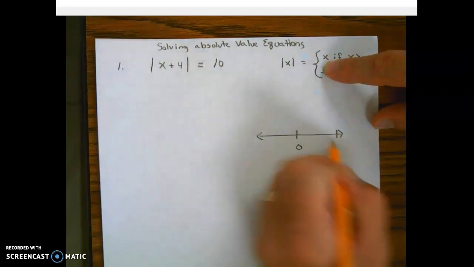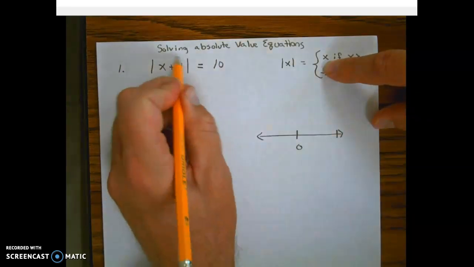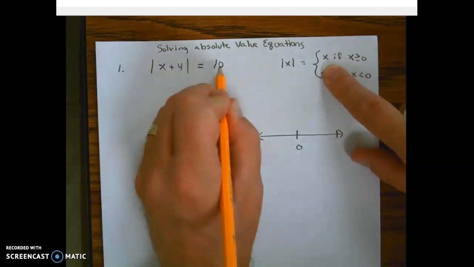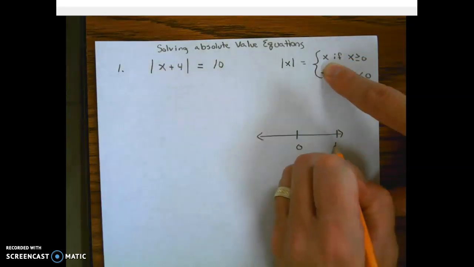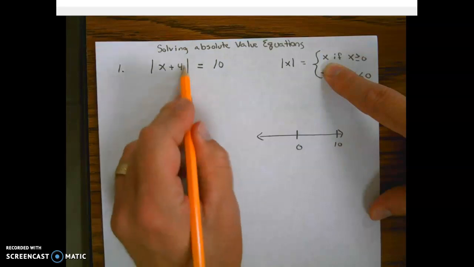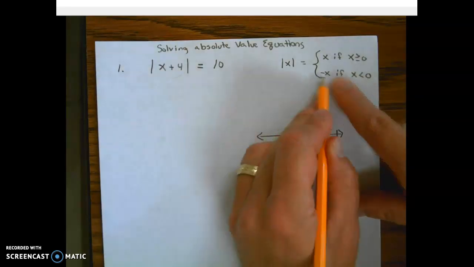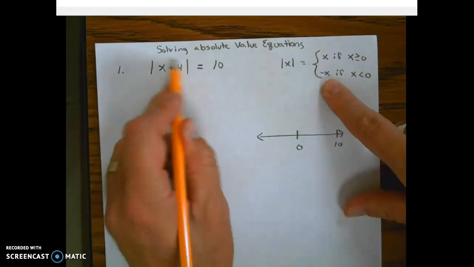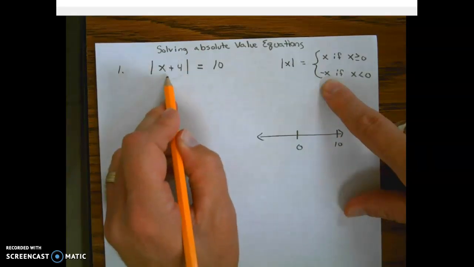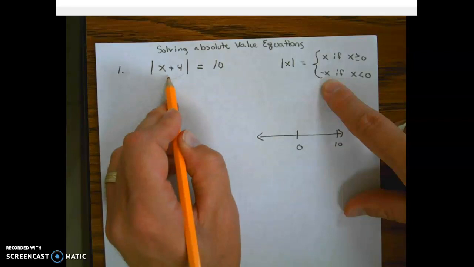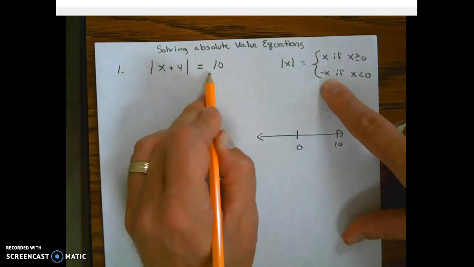Now that's not the only number that will give us 10, a positive number, but this could also represent a negative number in here, because we know that the absolute value of a negative number is also positive.